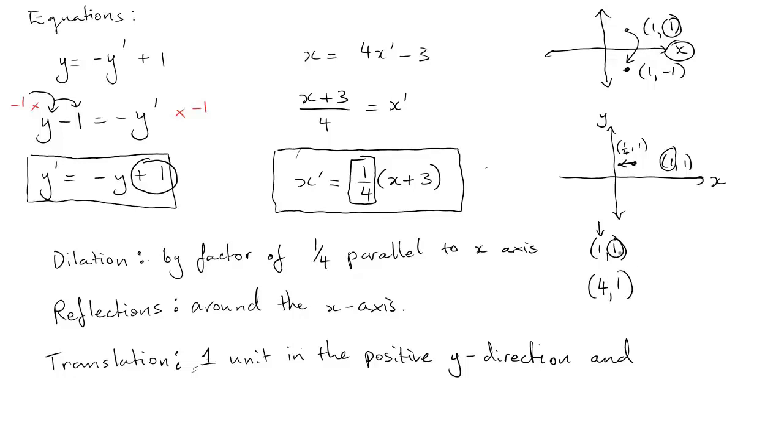To get from that x value to the image x value, you have to add 3, which is exactly what it tells you in the bracket there. And then at the end, we're timesing it by a quarter. So it's still a translation by 3 units in the positive x direction.